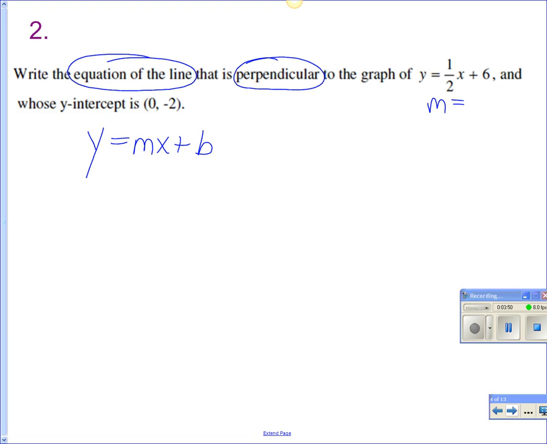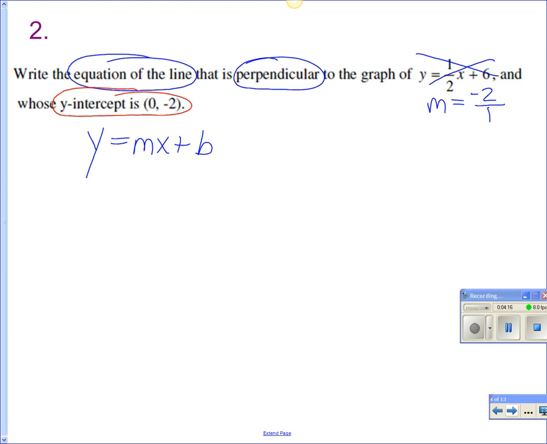When you flip this, -2 over 1. So that's what I write for my m, and then I mark it out. Another thing that's important is the y-intercept is -2.